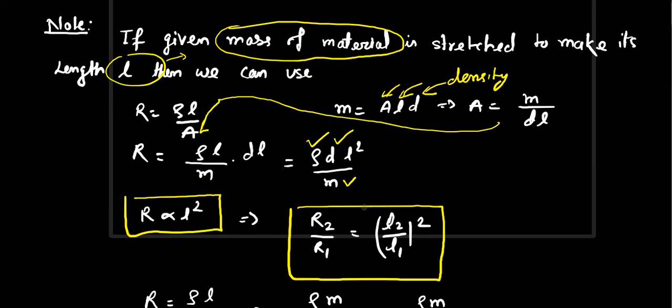For different conditions, suppose a wire has length L1 and the same wire is stretched to make its length L2, then what will be the resistance in the second case? If a question is related to resistance and length, then we can easily use this expression. So R2 by R1 equals L2 by L1 whole square.